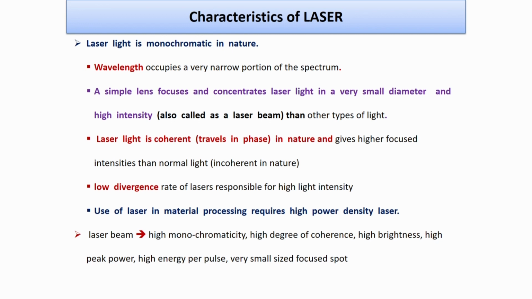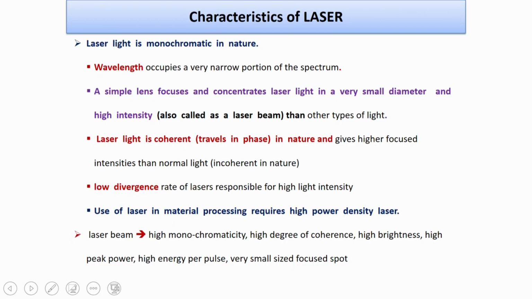Also laser light has a low degree of divergence. Divergence means deflection of the beam per unit length traversed. Laser light has a very low divergence rate, which is responsible for the high light intensity.